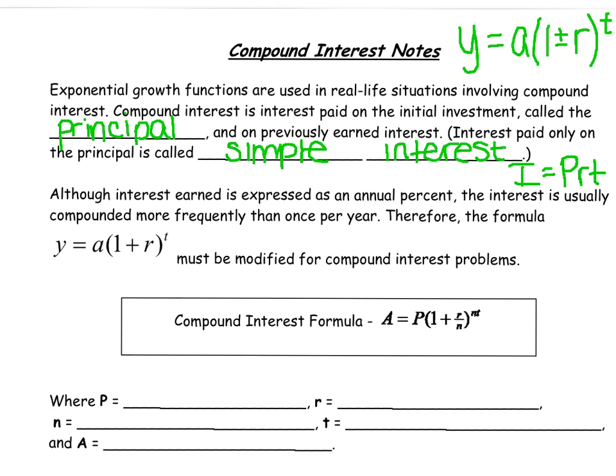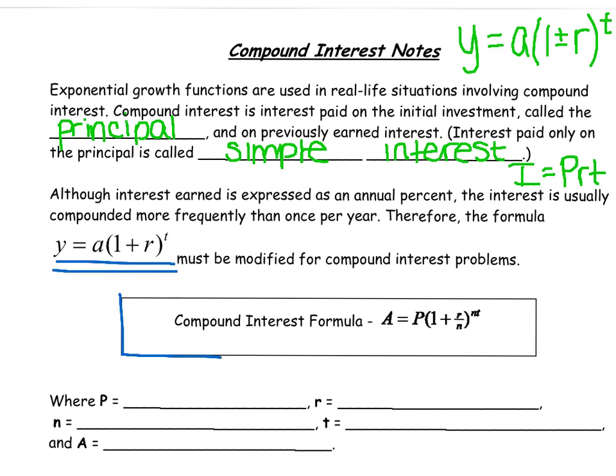So although interest earned is expressed as an annual percent, the interest is usually compounded more frequently than once per year. Therefore, our original formula that we were talking about today with the growth factor, this exponential growth model, it must be modified for compound interest problems.